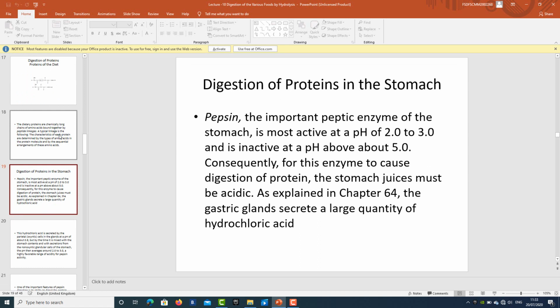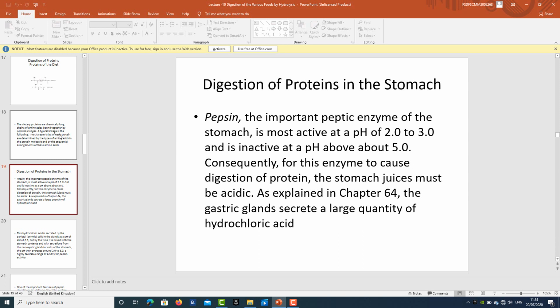First one, which is very important, it is important to know the protein digesting enzymes. Pepsin is the most important one in the stomach, and is active at a pH of 2 to 3 and is inactive if pH is more than 5.